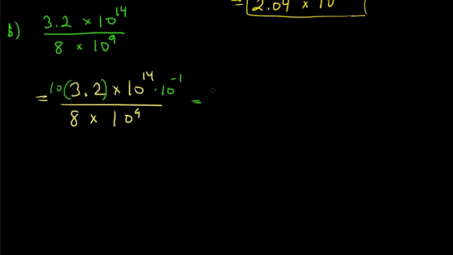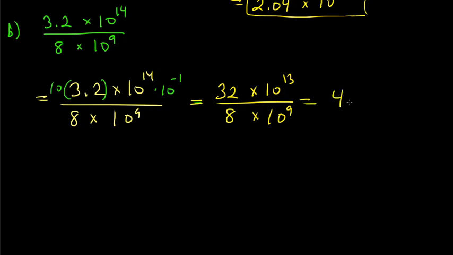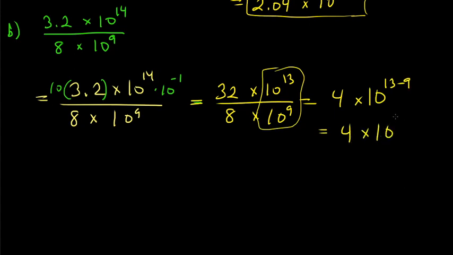So doing it this way, we get 32 times 10 to the 13 divided by 8 times 10 to the 9. Right? So 32 divided by 8 is just 4. And 10 to the 13 divided by 10 to the 9 is 10 to the 13 minus 9. But 13 minus 9 is also 4. So 4 times 10 to the 4. Okay, and that's in scientific notation, so that should work.